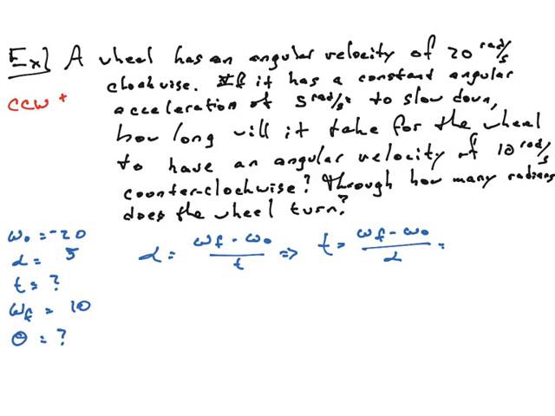And now I plug my numbers in. Omega f, positive 10. Omega naught, negative 20. Over alpha, positive 5. So 10 minus negative 20, that's 30, divided by 5 becomes 6 seconds. So it takes 6 seconds for this to happen.